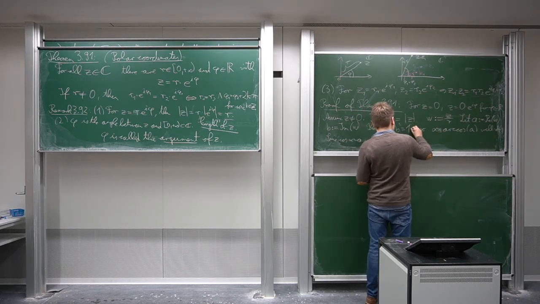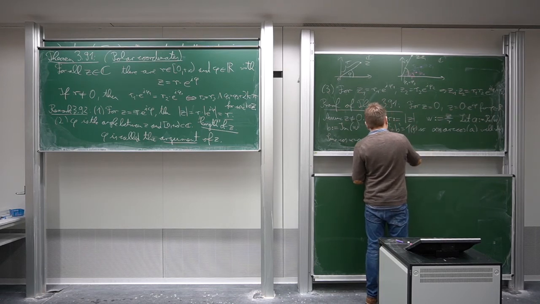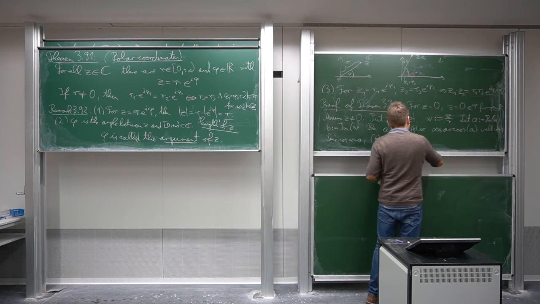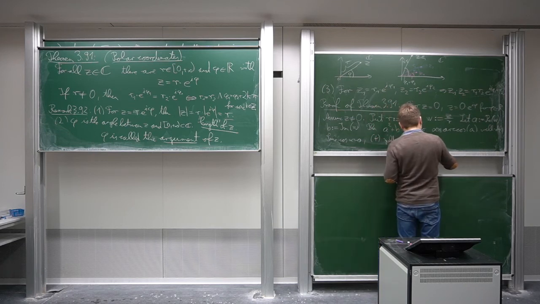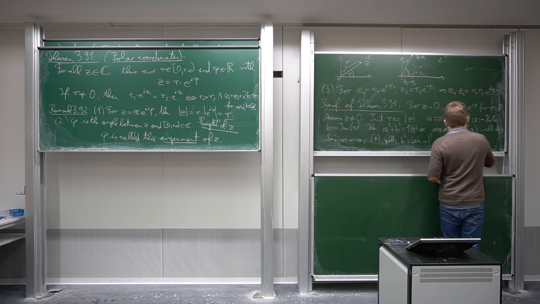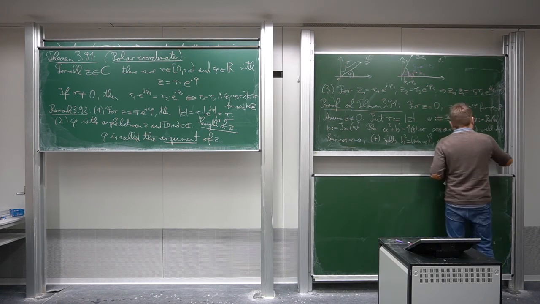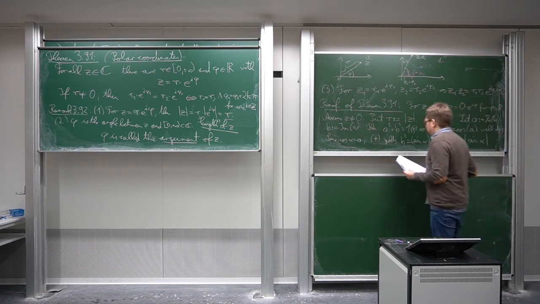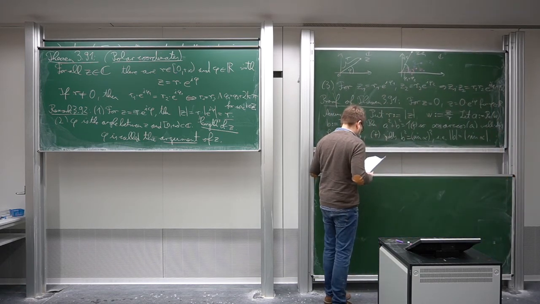So this equation here yields b squared is the sine of alpha squared, and this means that the absolute value of b is the absolute value of the sine of alpha. Now we only have to check if we have the correct sign. That's the problem here.